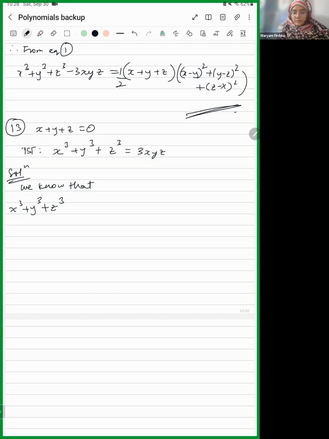No. Our identity was x cube plus y cube plus z cube minus 3xyz is equal to x plus y plus z multiplied by some huge bracket. Remember? Yes, ma'am. Yeah. Write it down till here first.